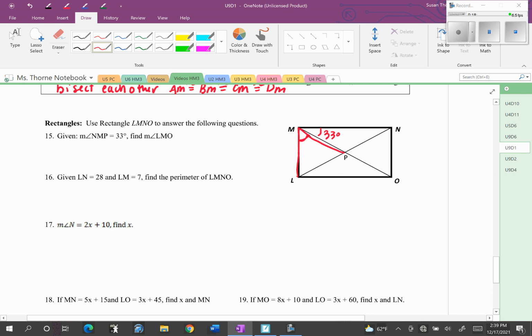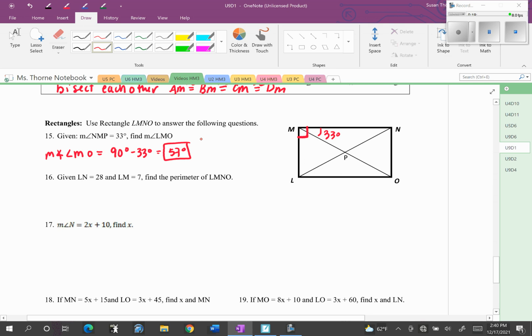So remember, because this is a rectangle, we know this is 90 degrees. So the measure of angle LMO equals 90 degrees minus 33 degrees, which is 57 degrees.